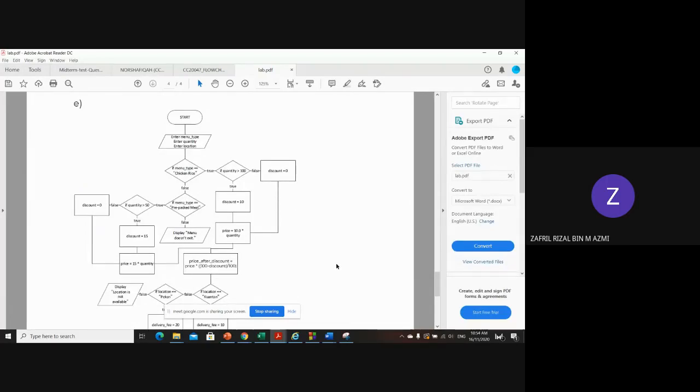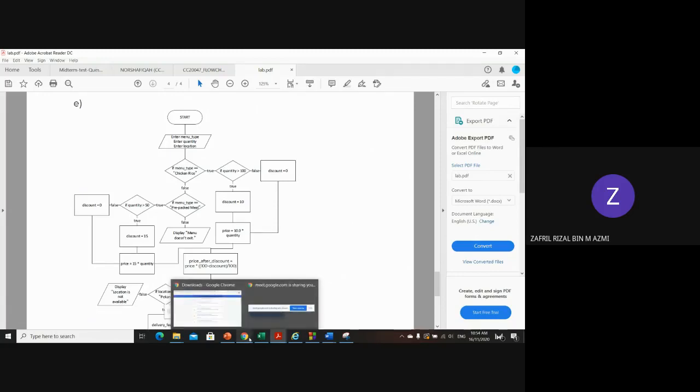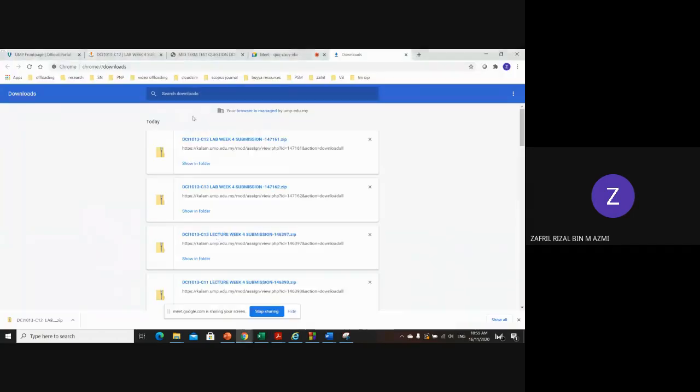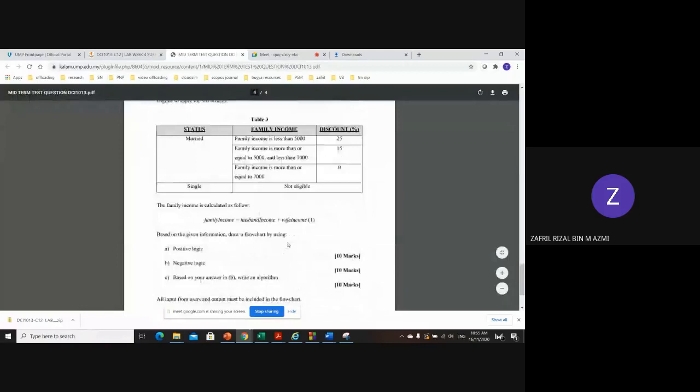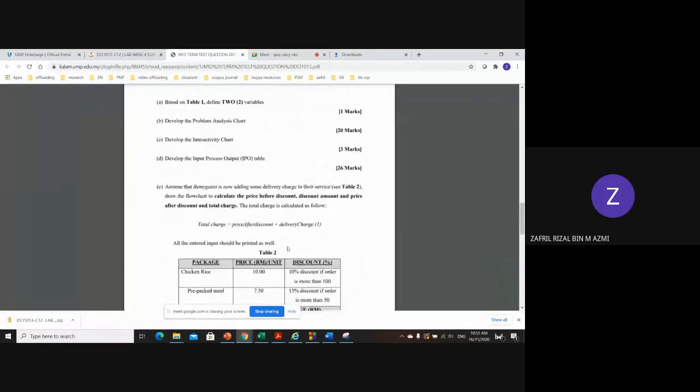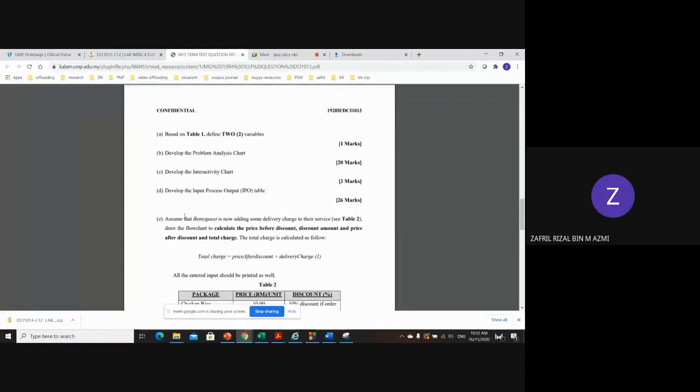Okay, so for the flowchart in question E, there's additional information in question E. So after you finish everything in question E, assume that Bamigues is now adding some delivery charge to their service.